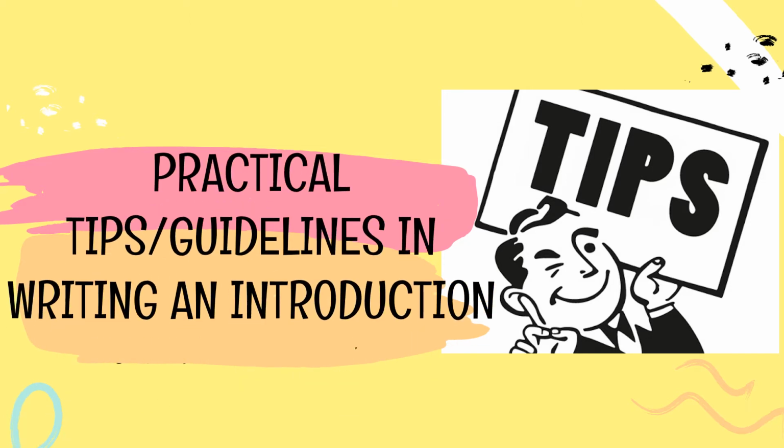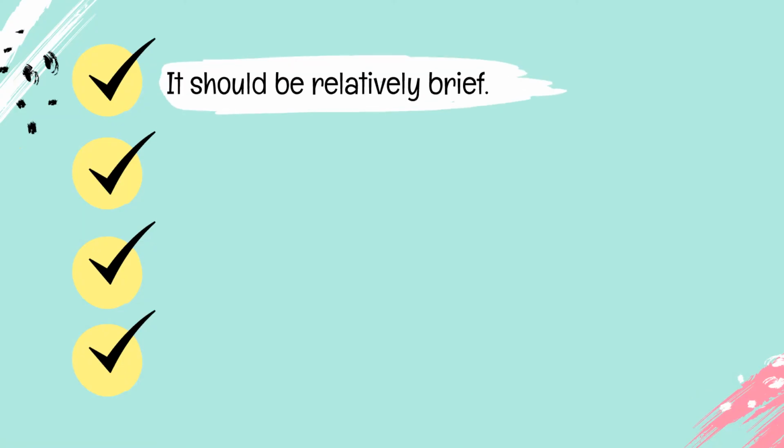But these are the practical tips you need to remember. First, it should be relatively brief. Most journals recommend less than 500 words. Second, avoid repetition. Do not repeat the abstract in the introduction and introduction in the discussion.